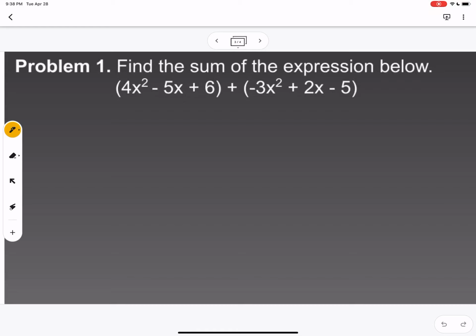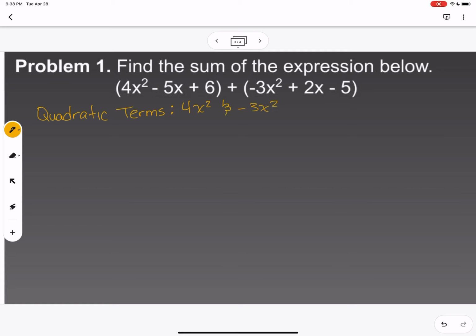So I'm going to use vocabulary that we learned yesterday. So I see that I have an x squared, that is known as a quadratic term. So our quadratic terms are 4x squared and negative 3x squared.